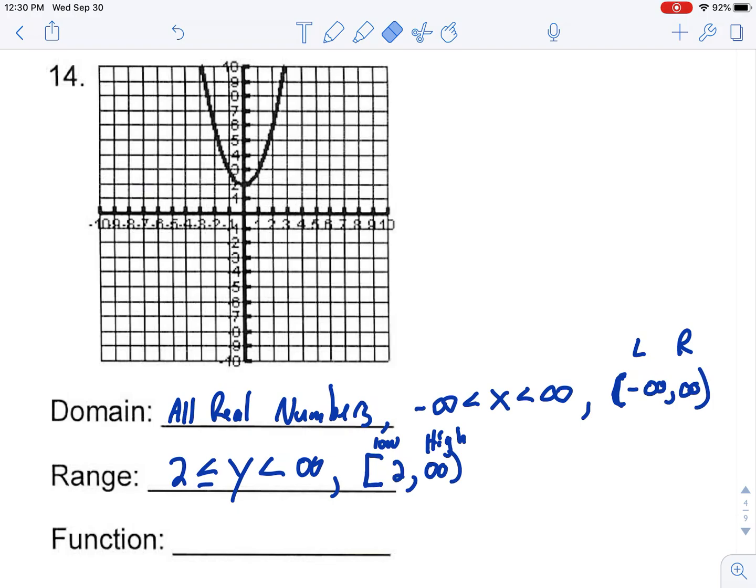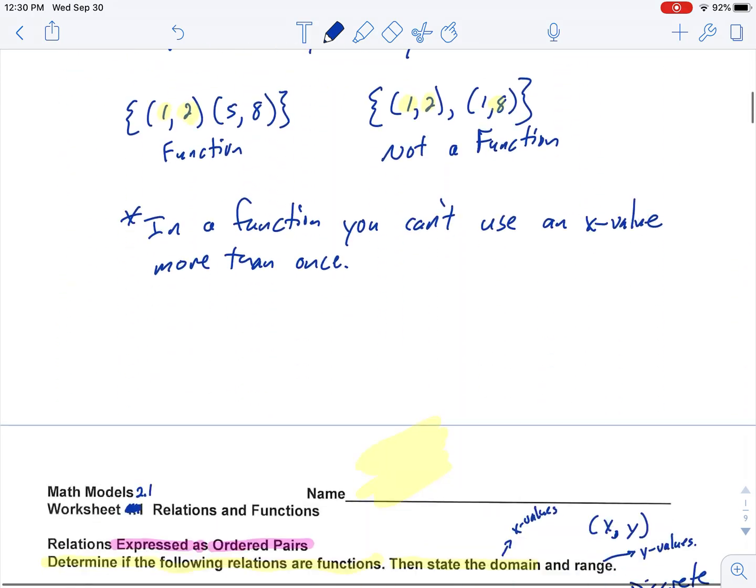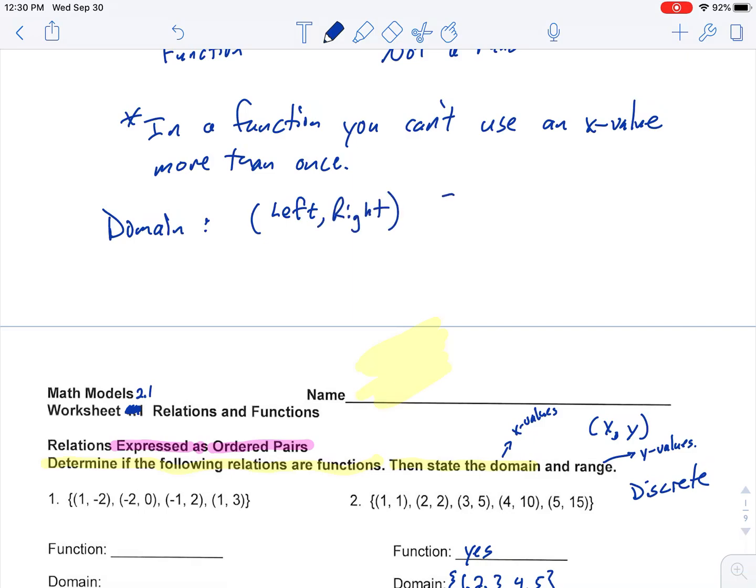So maybe I'll do this, just a little extra note. Maybe I'll put it up here. So domain is going to be left to right, or it could possibly be bracket left to right.